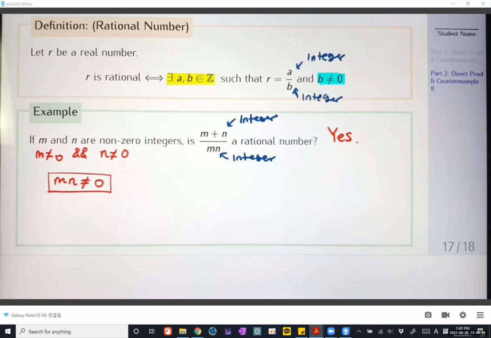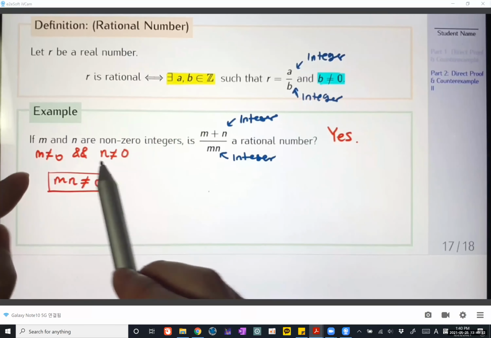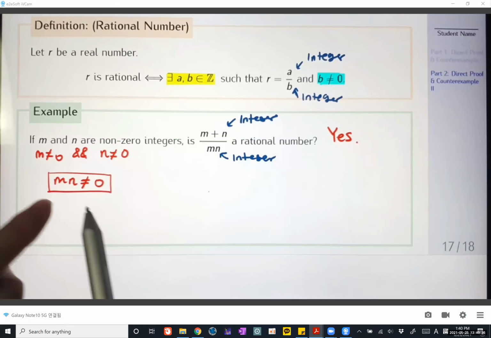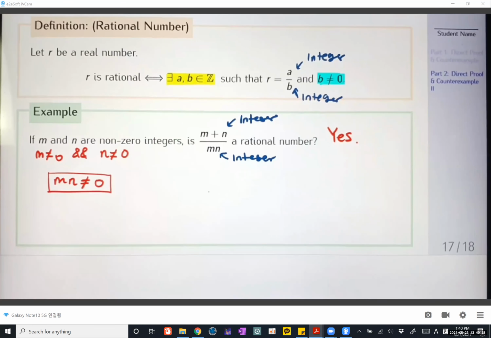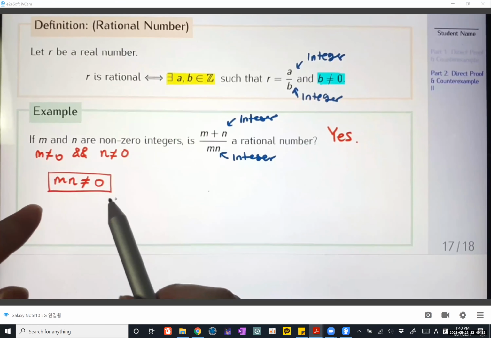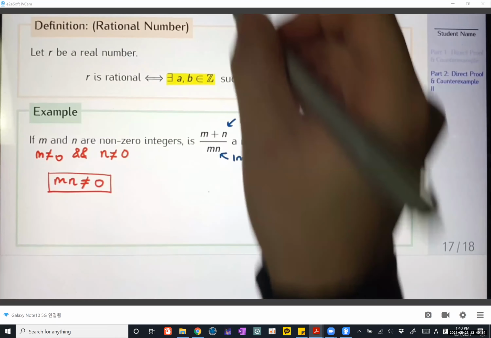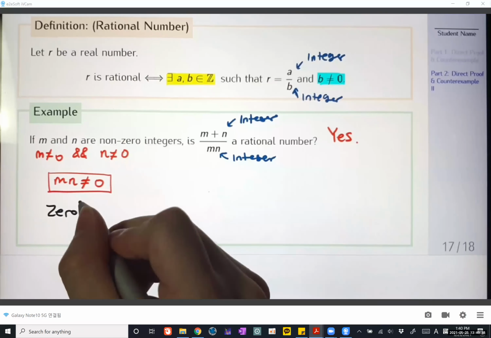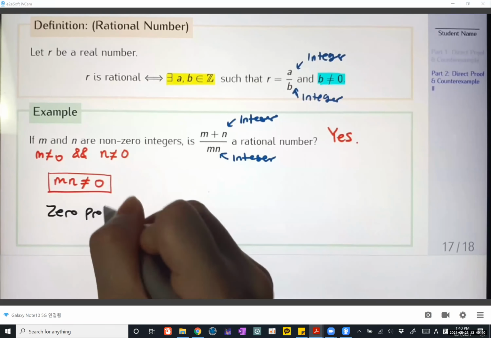Hopefully this makes sense, because it's not hard to understand, but it's something to remind ourselves. It's very important that we need m not equal to 0 and n not equal to 0 to make mn not equal to 0. You know from before, this property is called the zero product property.